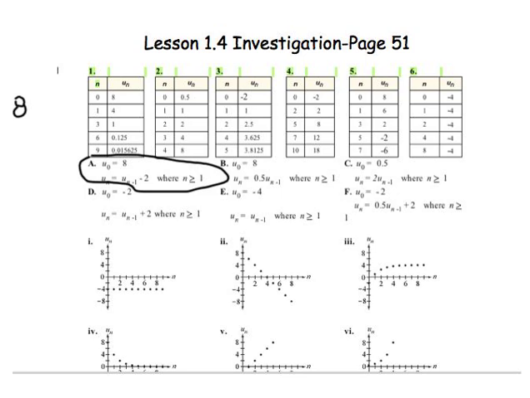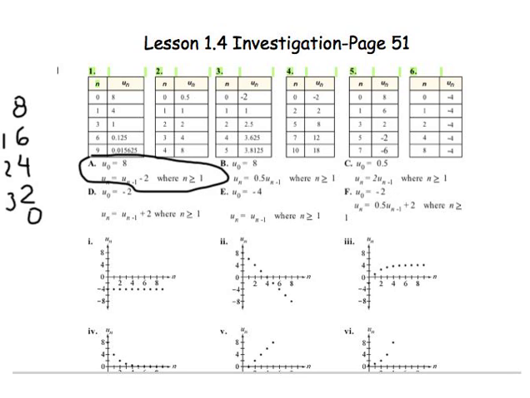Your next term is going to go down by 2. So that would be 6, and then 4, and then 2, and then 0, and continue on. This is your 0 term, your first term, your second term, your third term, and so forth.